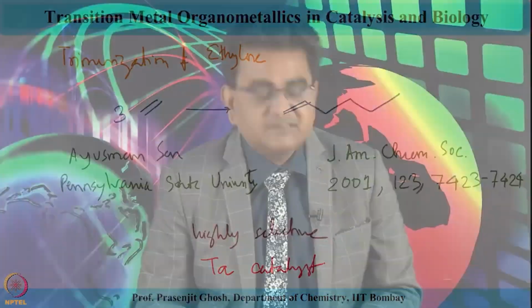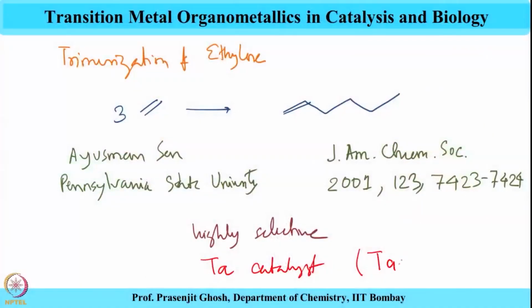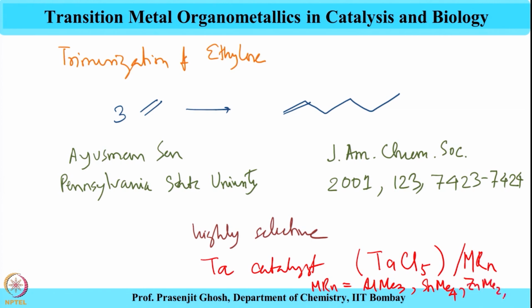To be more precise, tantalum pentachloride is the starting precursor in the presence of some metal alkyls, MRn, and these metal alkyls can be several alkylating reagents like trimethyl aluminum, tetramethyl tin, dimethyl zinc, and n-butyl lithium.